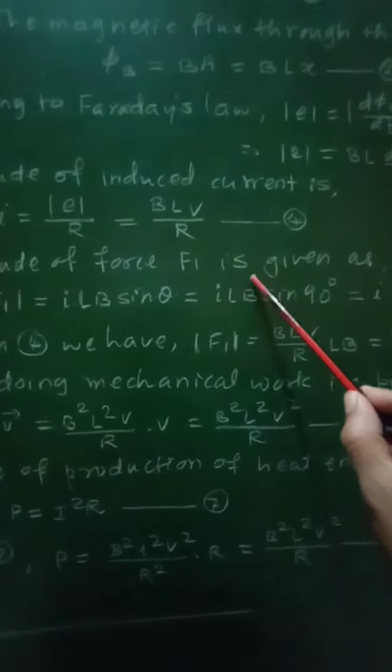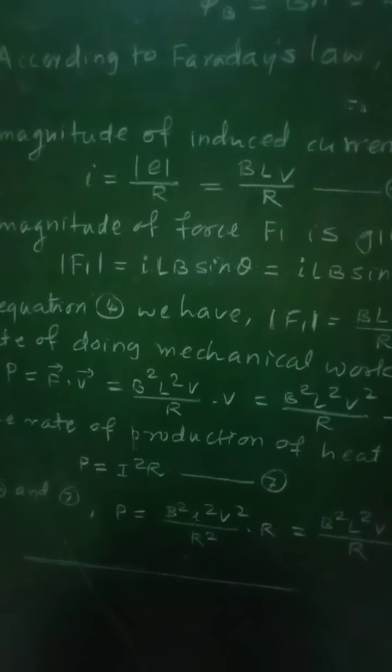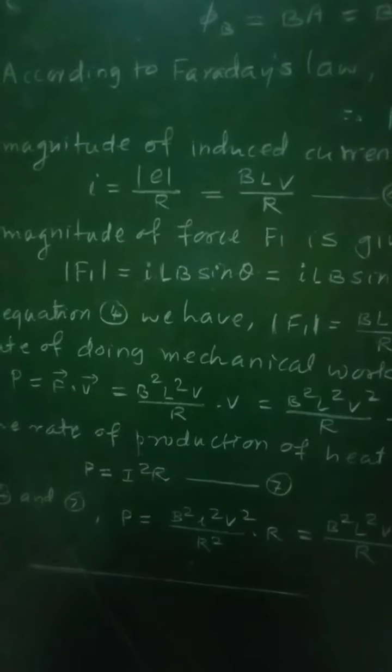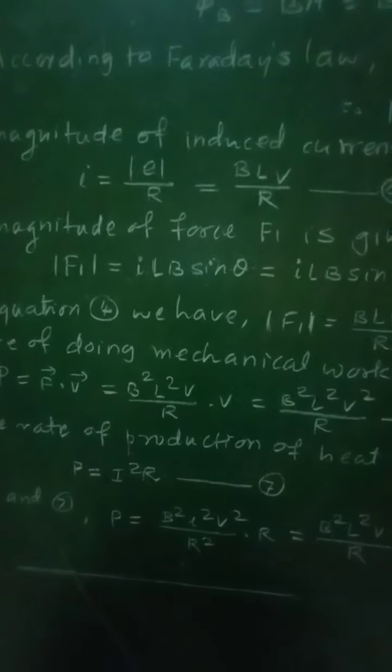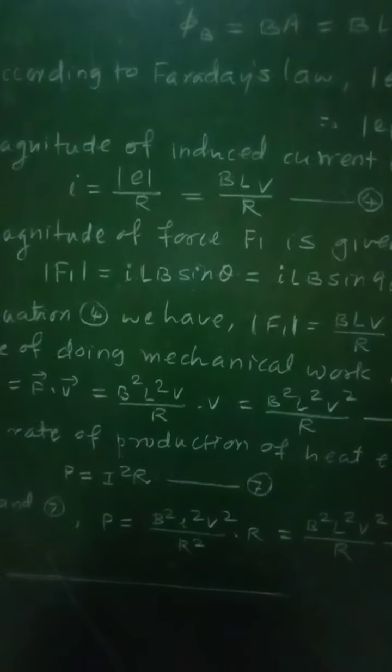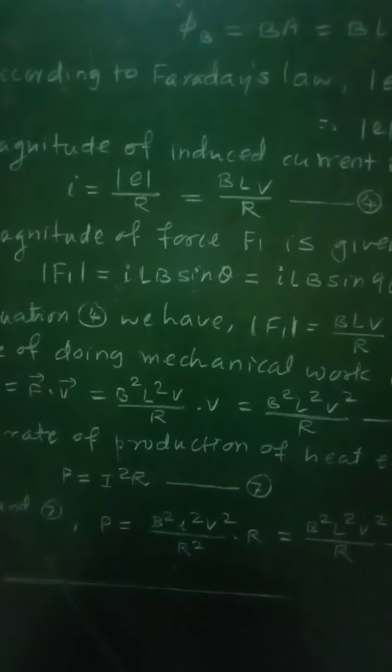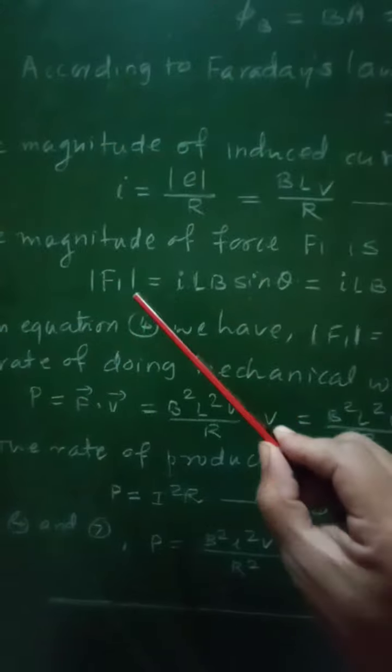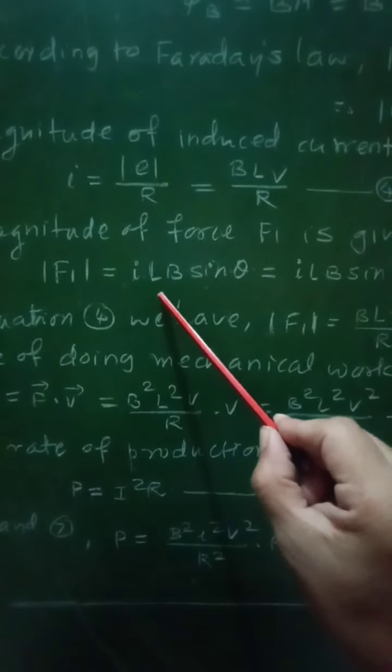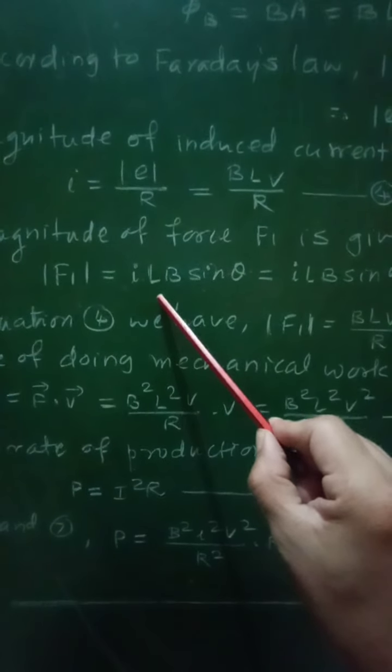the magnitude of force F1 will be given as follows. We know the relation that when any current carrying conductor is placed in a magnetic field, the force acting on it is given by the general formula ILB sin theta, and therefore the magnitude of force F1 will be ILB sin theta, because L is the length of that side, AD.